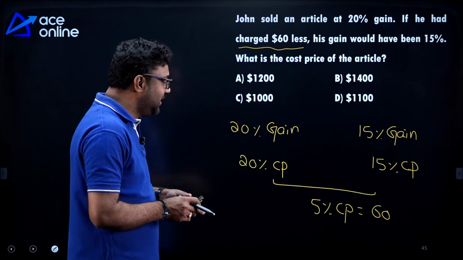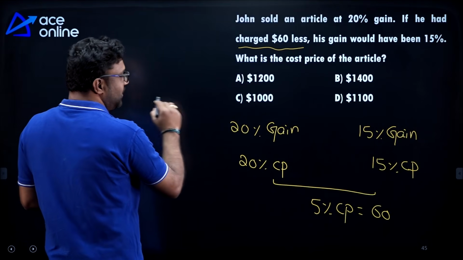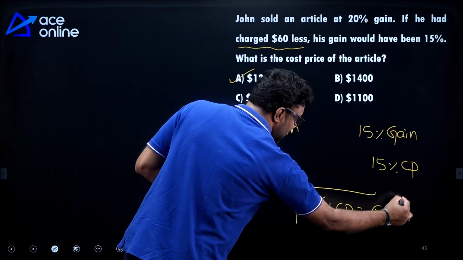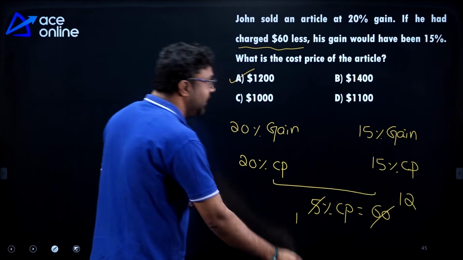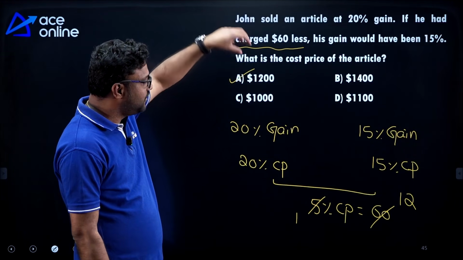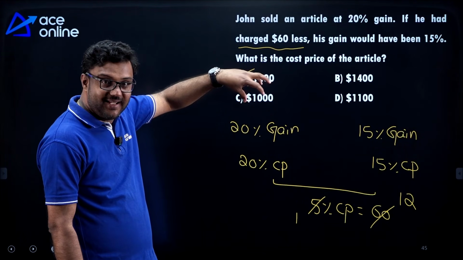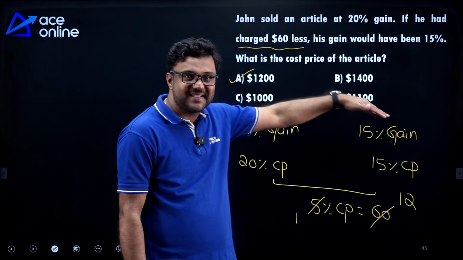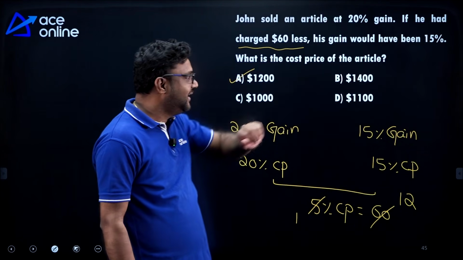Right. So cost price is nothing but 1200 directly because 1% is 12. Cost price is 1200. Right. So you just observe they gave 20% gain initially. When the selling price is decreased, it becomes 15% gain. Right.